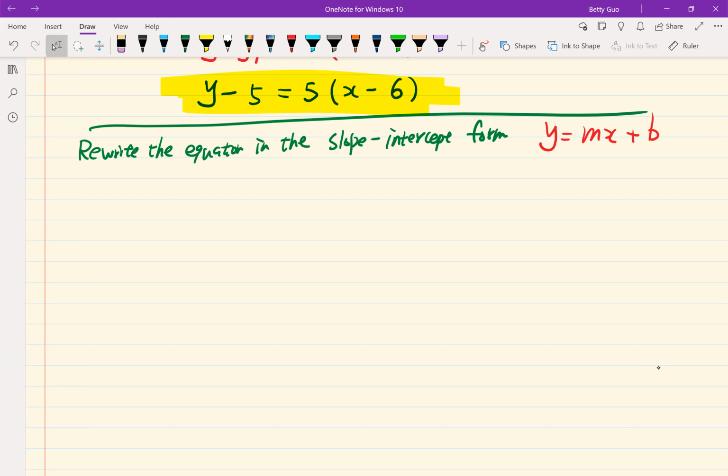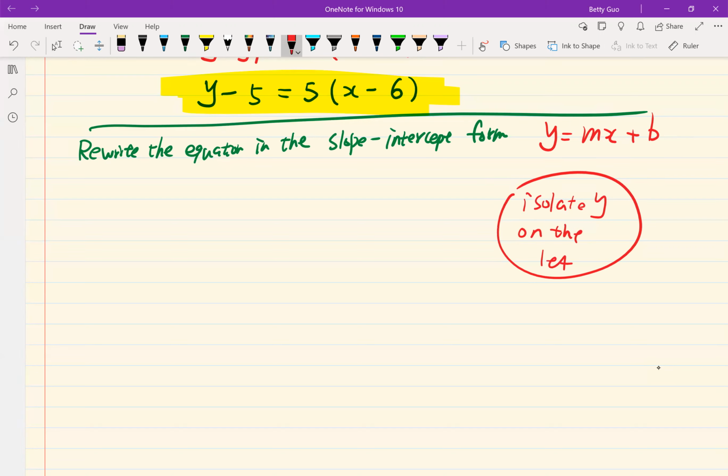If you solve the equation for y, you would have the equation in the slope intercept form. So you are going to isolate the y on the left.